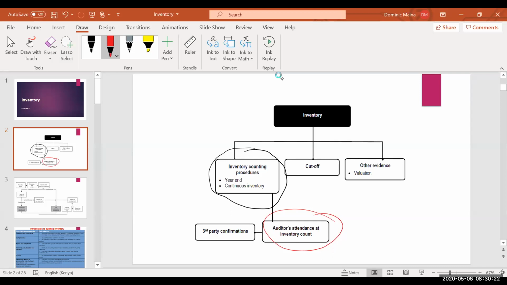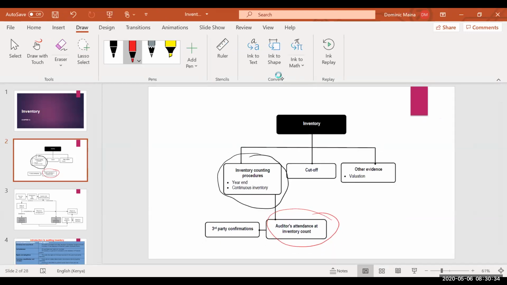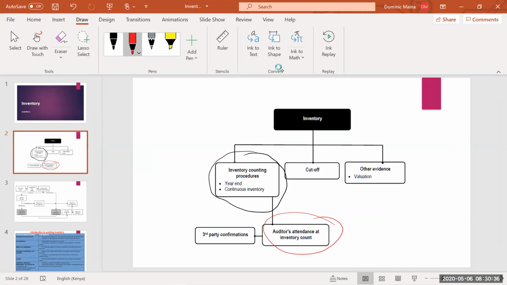Because that is one of the things we can do: ask the internal auditor, who did attend the inventory count, and get to know from the internal auditor's perspective what they think with regard to how the inventory count was done. So that is our main concentration, the unique procedures that apply in the case of inventory.